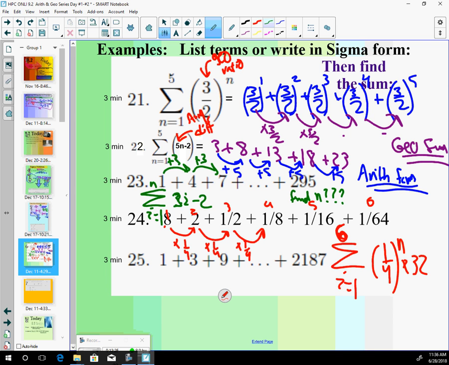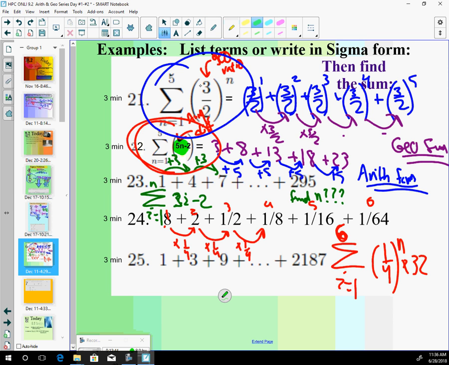So one more time, arithmetic, look for that common difference times n. For geometric, look for that common ratio to the n.